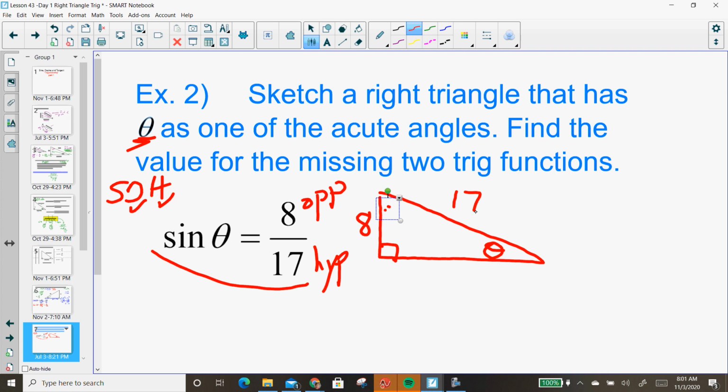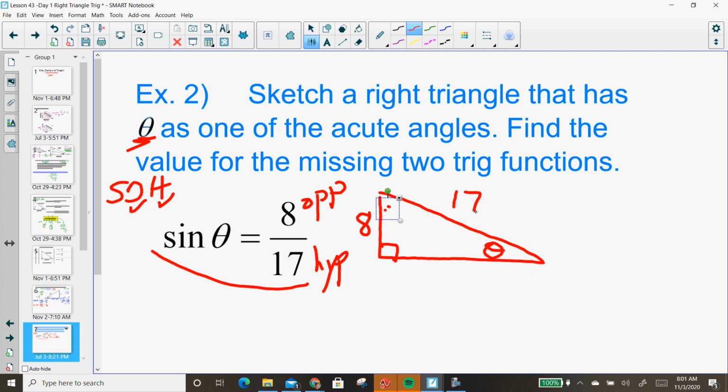Now maybe it really was 16 and 34 on a similar triangle. I'm not going to worry about that. All similar triangles, this ratio would reduce to the same thing. So I'm going to do the easiest way possible and just pick the 8 and the 17 to be the lengths of two sides. Give me a thumbs up if you're at home, if that's making sense so far.